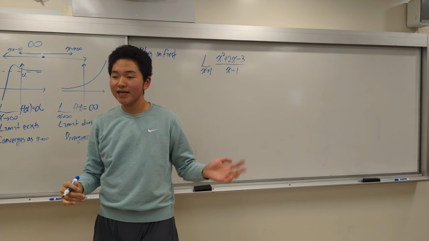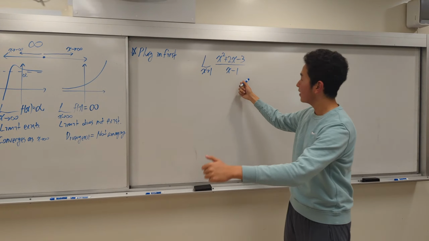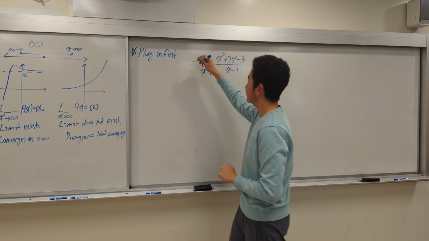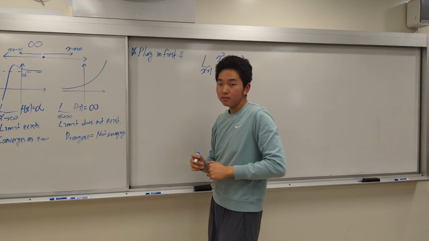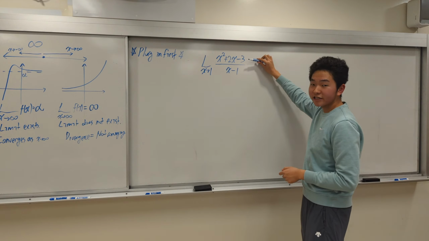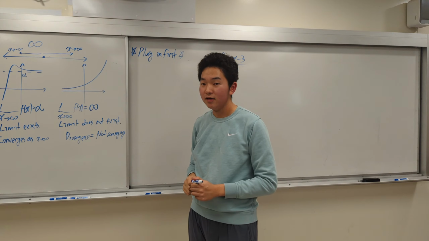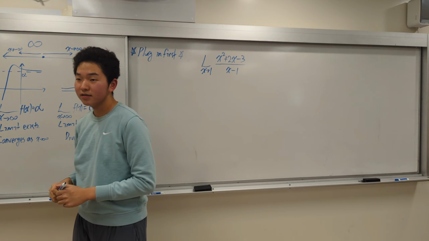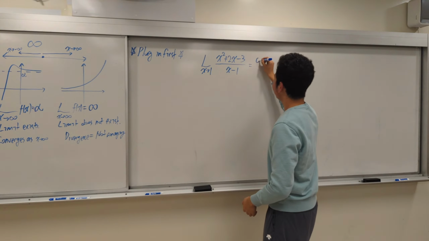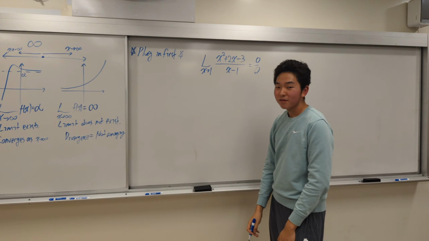If you get a very nice number, then yeah, you're done with it. But look at this fraction. If I plug in x equals 1, what happens to the denominator? 0. What happens to the numerator? Plug in 1. 0. What answer do you get? Is this 0 over 0? No, it's no solution.